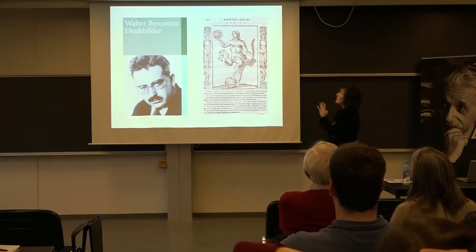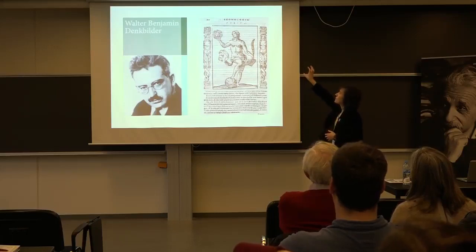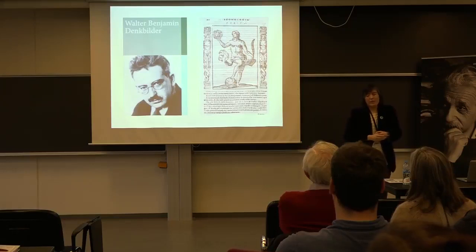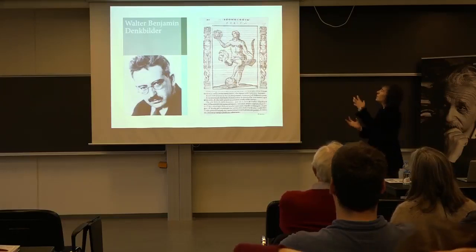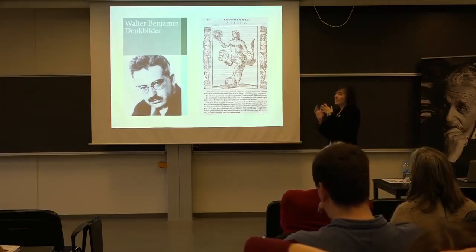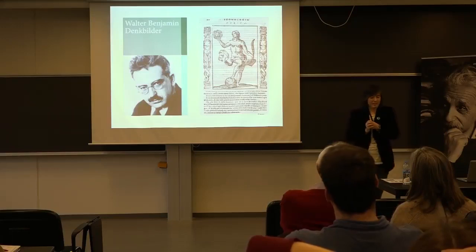And what Ripa did was to create some sort of visual language where he merged, on the one hand, concept, an image, a symbol for that concept, and an explanation. And what Benjamin realized is that images and text have their own ways of presenting reality, and that sometimes text and images clash.